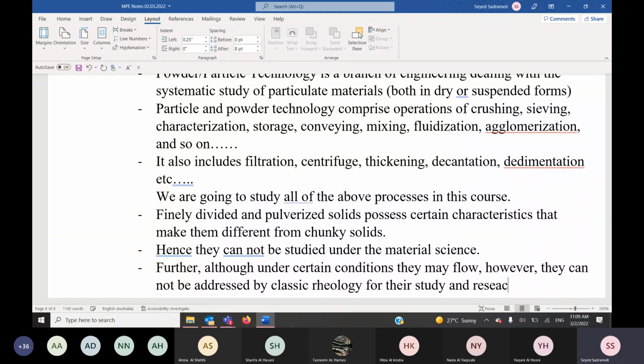So some of the materials are excluded from this separation process.